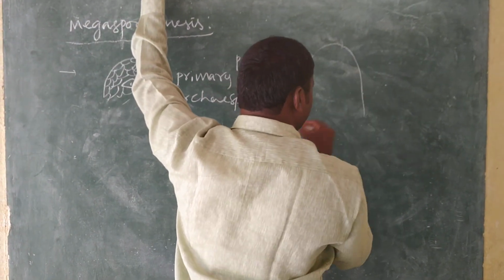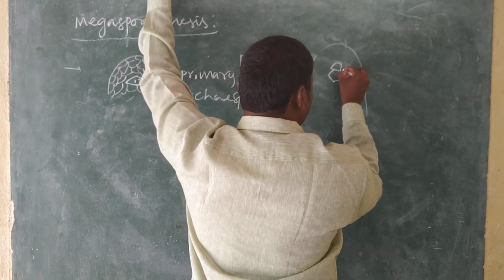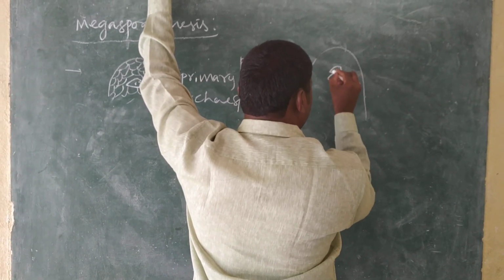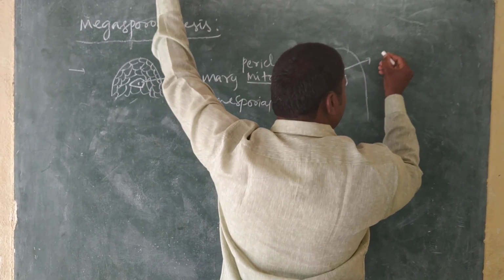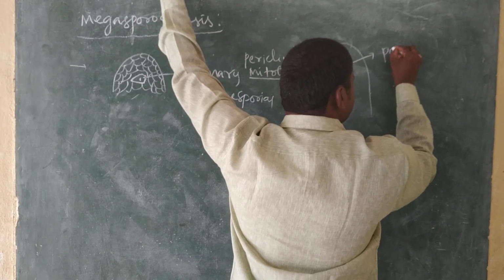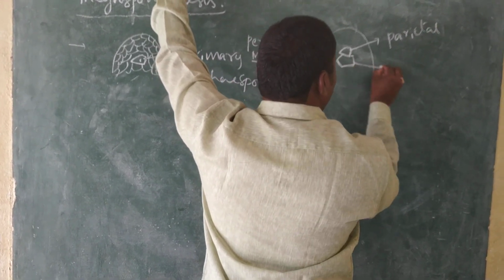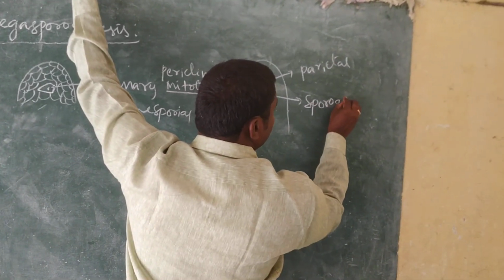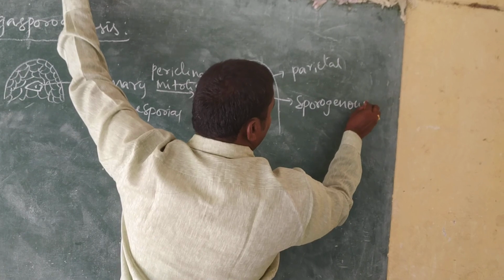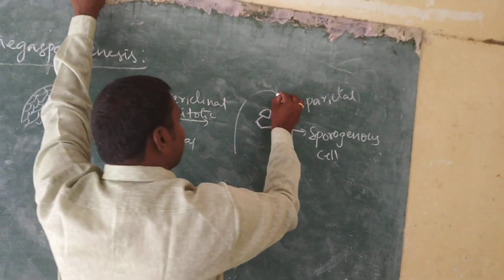As a result, it produces two cells: the outer parietal cell and the inner sporogenous cell.